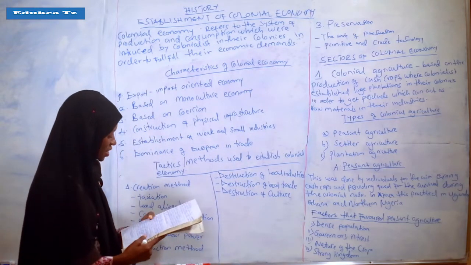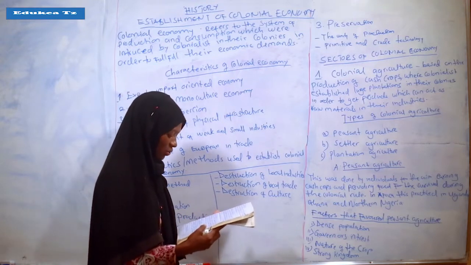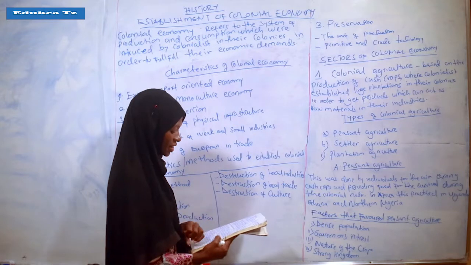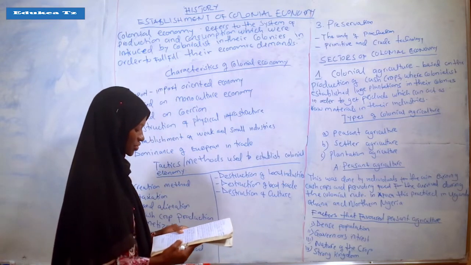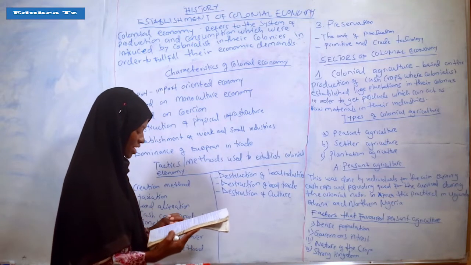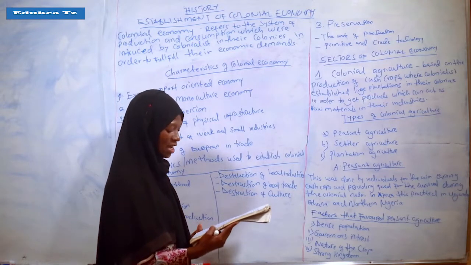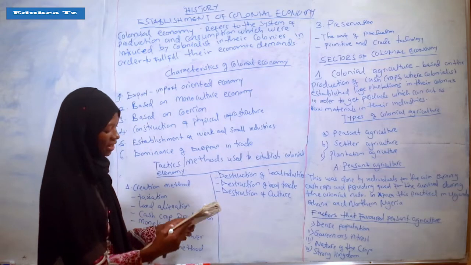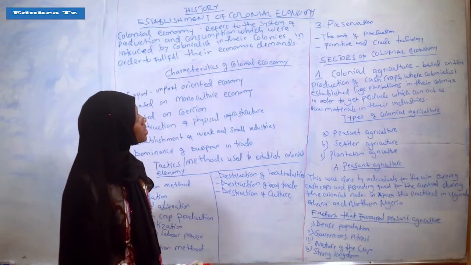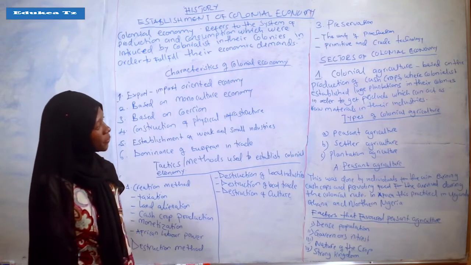Colonialists weakened the African economy by destroying African culture, like the initiation ceremony, which brought Africans together. This was done in order to divide them and get cheap labor. So they destroyed our culture in that way.